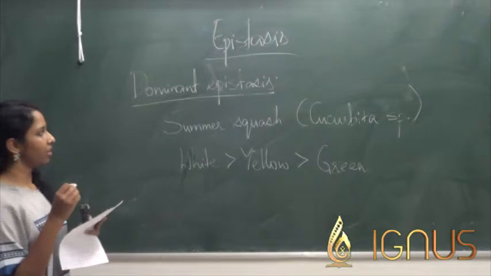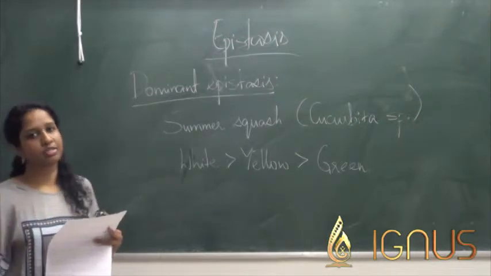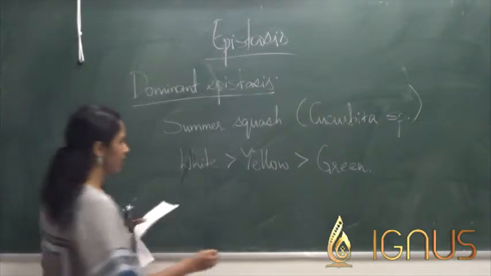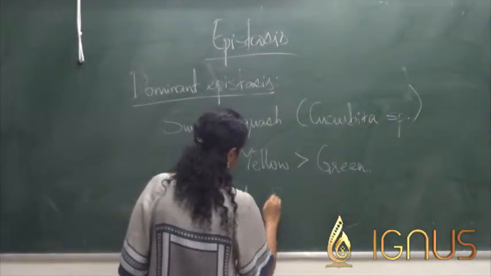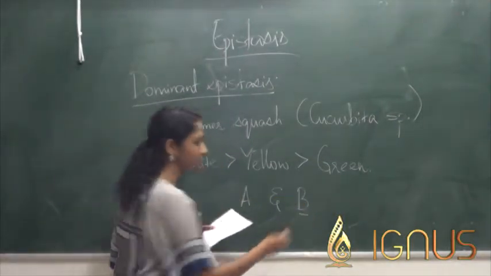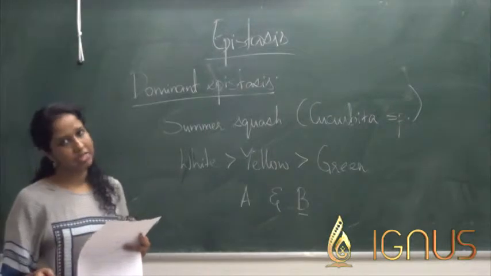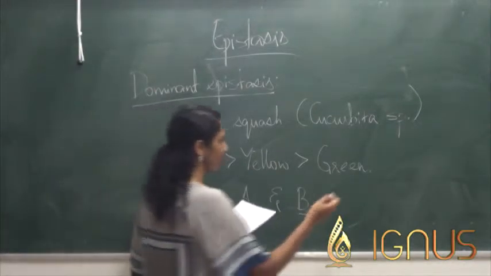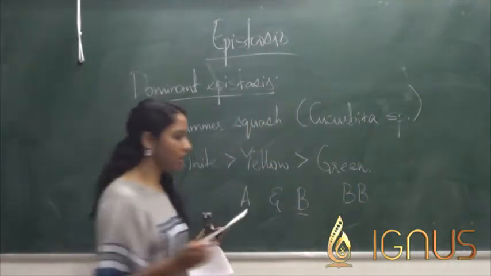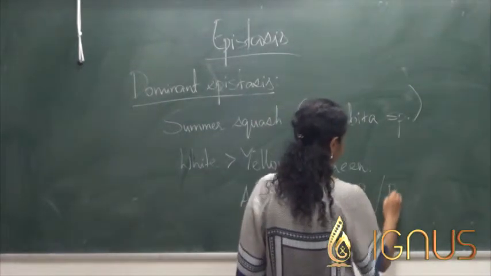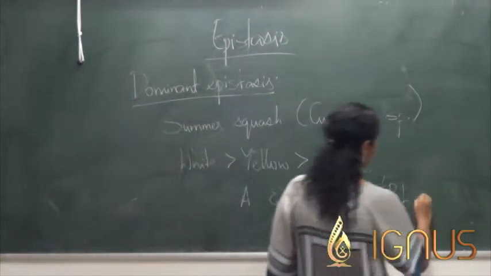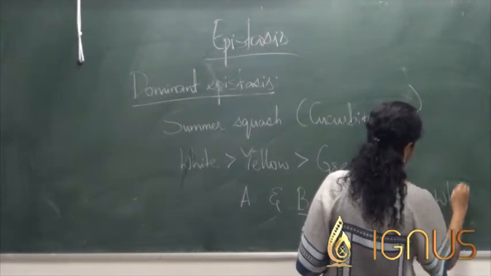Now, this coloration is controlled by 2 different genes, A and B. Okay. Now, B gene is the one that is the dominant epistatic gene, meaning that when you have either homozygous dominant B or heterozygous dominant B gene, then the color will always be white.